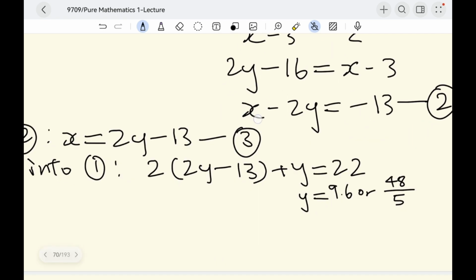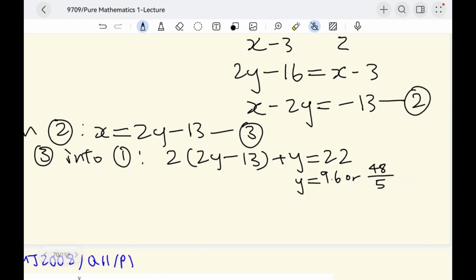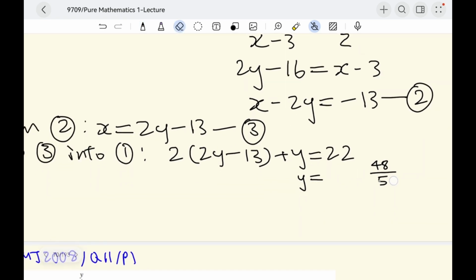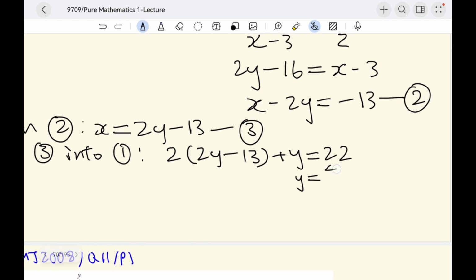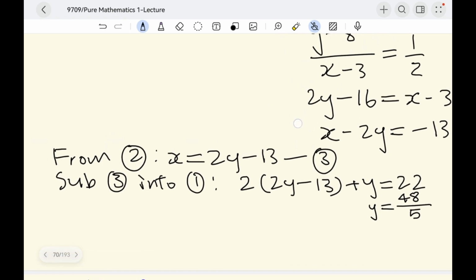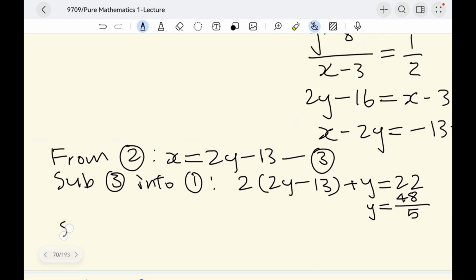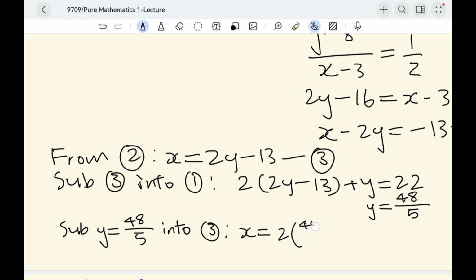And for accuracy, to keep it exact, I may leave it as a fraction. Alright, in the final step, you have to substitute y equals 48 over 5 into equation 3 to look for your x. So my final answer for x is 31 over 5.